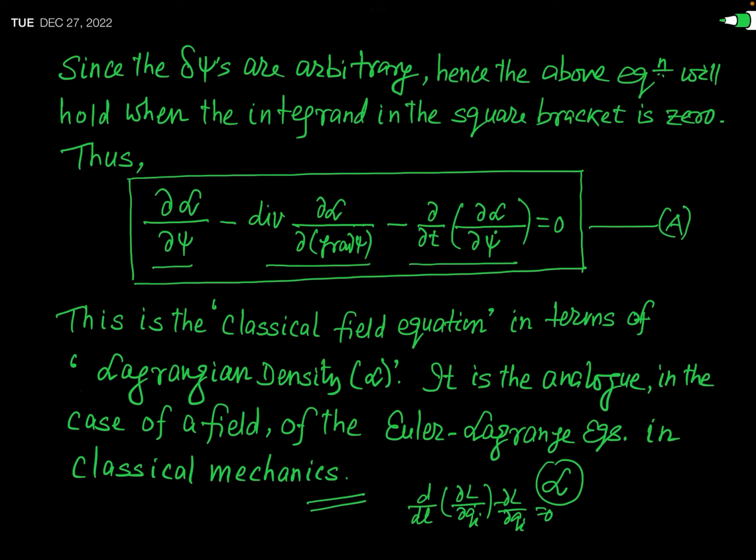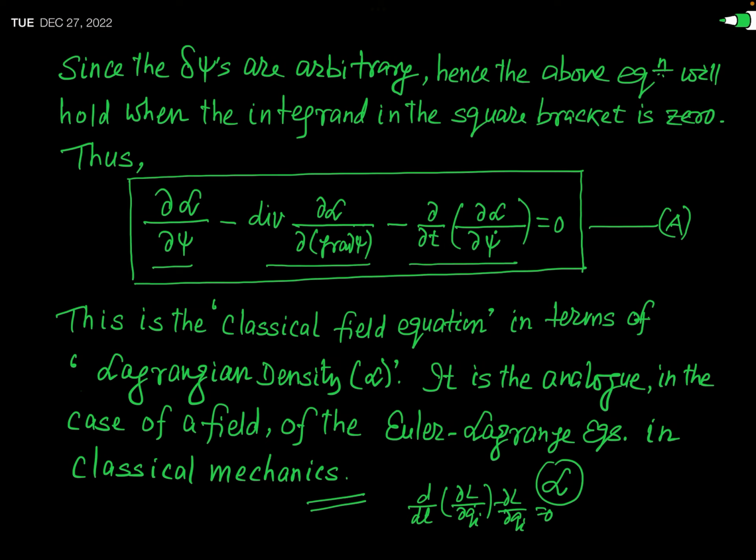So in the next lecture, we will see how we can transform this classical field equation, which is in terms of the Lagrangian density, in terms of the Lagrangian L of the field. Then you will compare that equation with the Euler-Lagrange equation, and you will see that the form will be exactly similar.